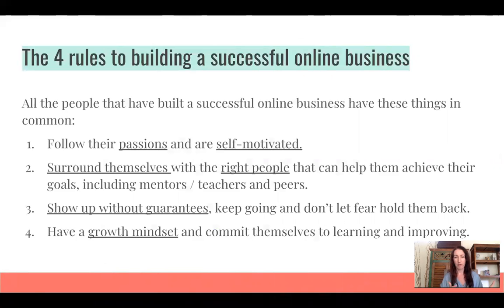I've shared with you some strategies and tips about how to use social media to make money online. The workshop that you'll be accessing very shortly will go into more detail and depth about those strategies. But it's also important to remember that a lot of success is related to mindset.